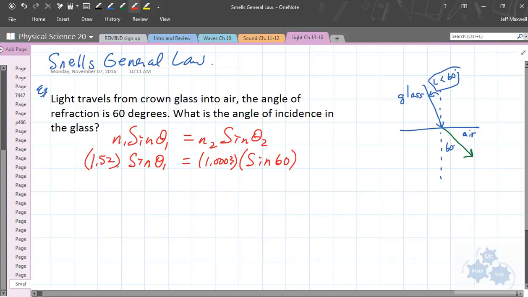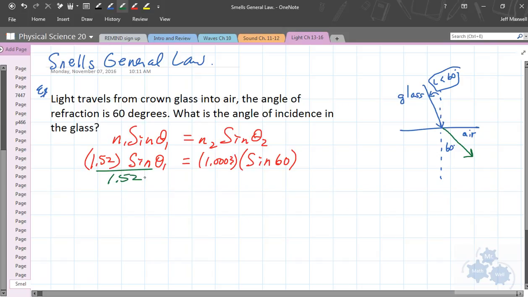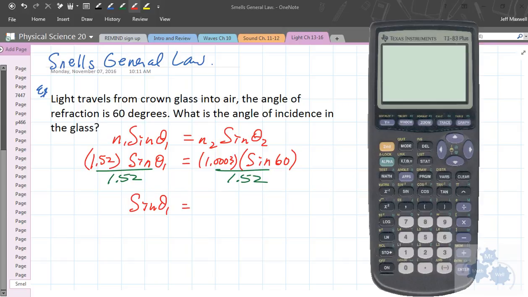Okay? So how do we get theta all by itself? Well, the first step is dividing both sides by 1.52, and we get sine theta 1 equals this over here, and we may as well do this on our calculator. Just to make sure you don't make any mistakes, you might want to do the top and then hit equals like I do here.